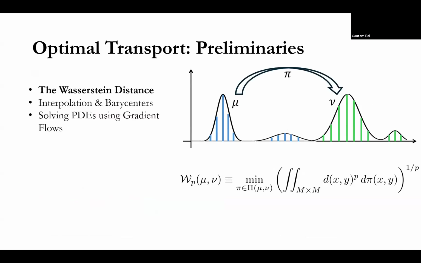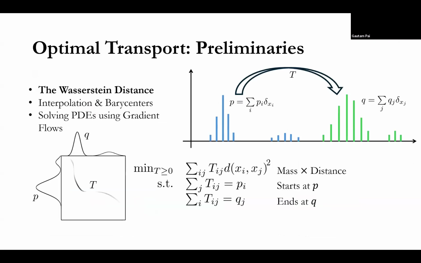At the core of it, we can define the Wasserstein distance. Given distributions mu and nu and some ground cost d, you can compute the optimal plan that takes the distribution mu to nu, minimizing this particular cost. This ground distance is typically chosen as the geodesic distance.